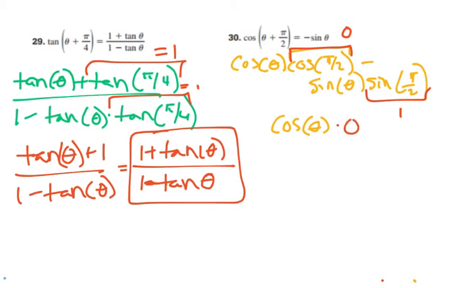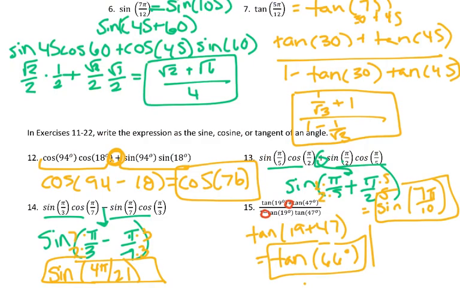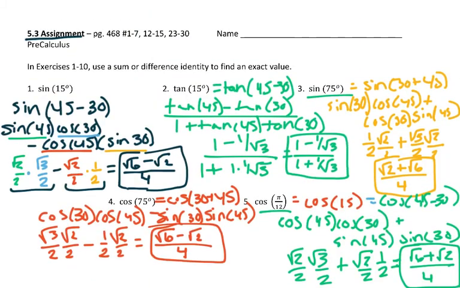So it's cosine times 0 minus sine times 1. So ultimately this goes away and we're left with negative sine. Boom. Alright, that's it. So just manipulating and using our formulas. Alright, 5-3.